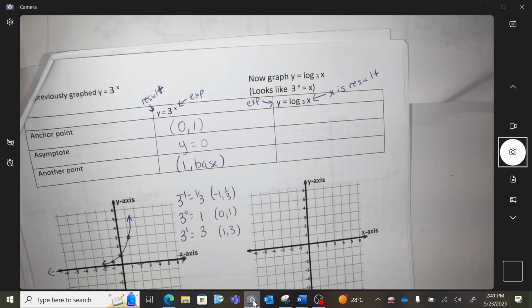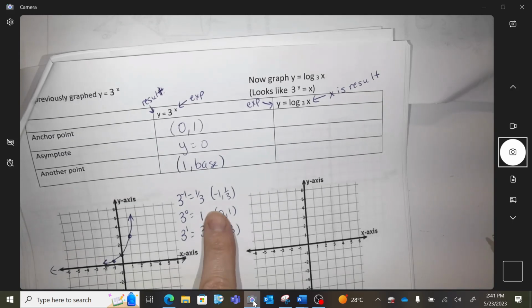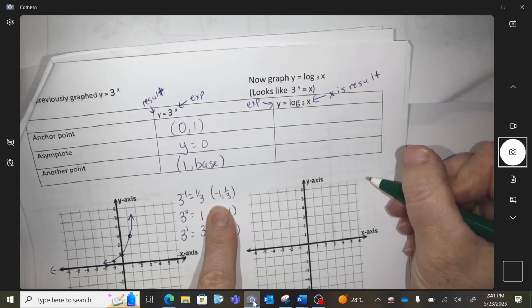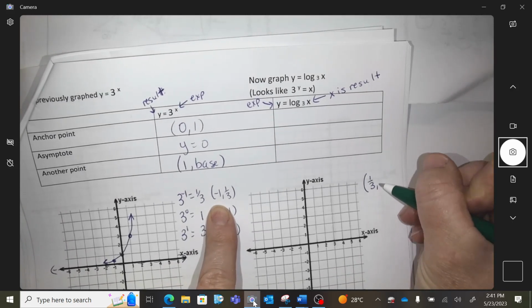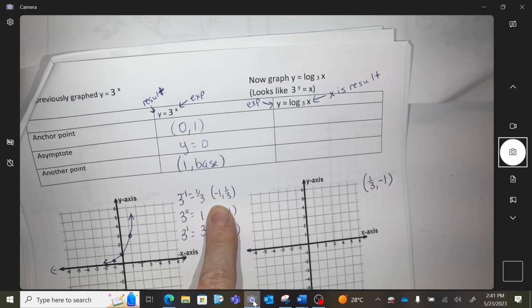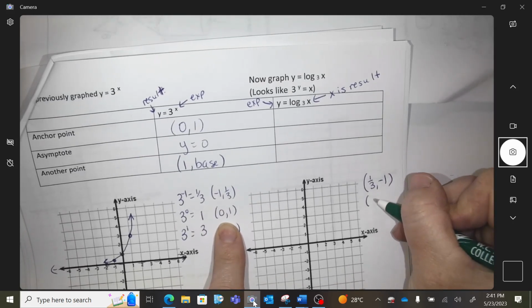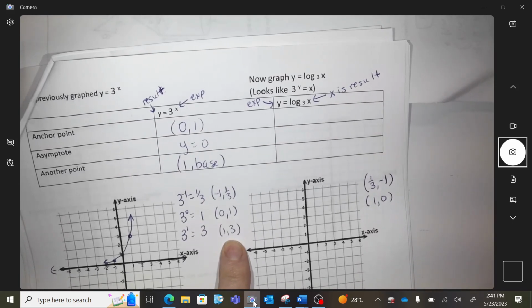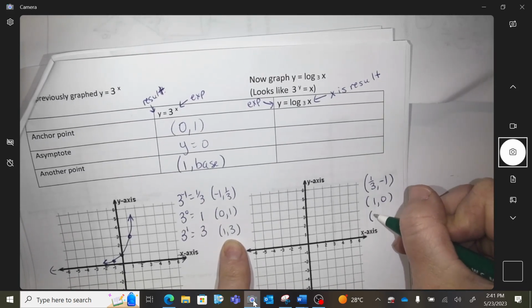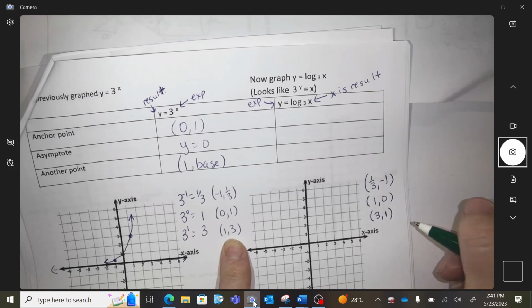Okay, so what does the graph look like? This will now be the coordinate 1/3, -1. This will be the coordinate 1, 0. This will be the coordinate 3, 1.